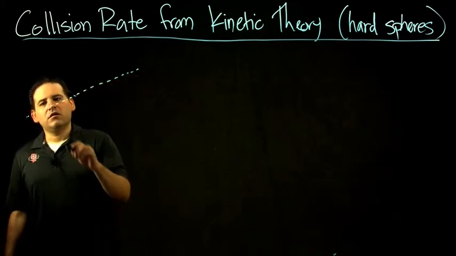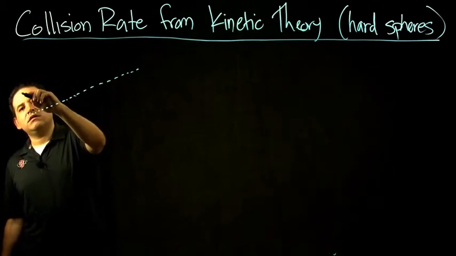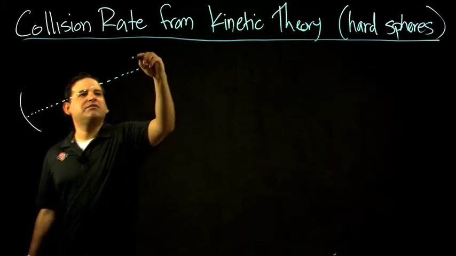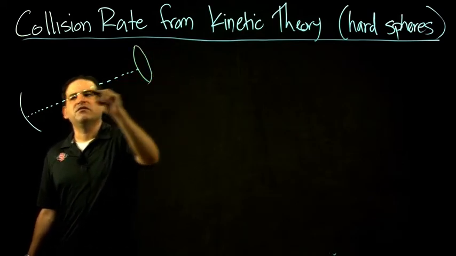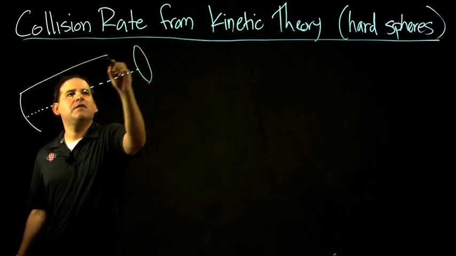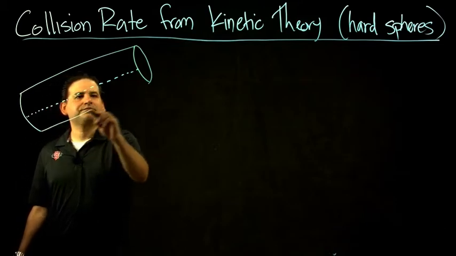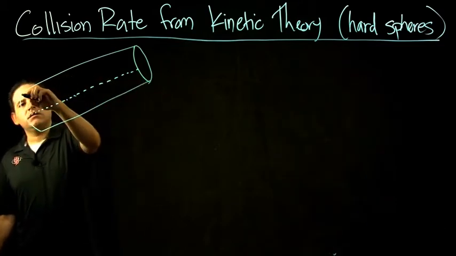So if we have an area in space, and in three-dimensional space this would be a volume in space, whereby things will happen.